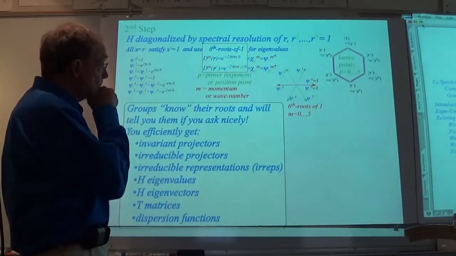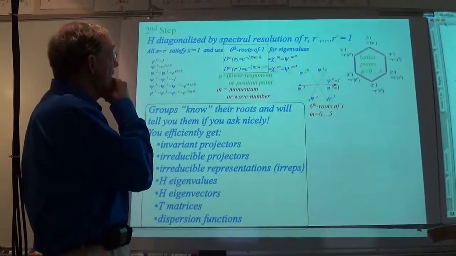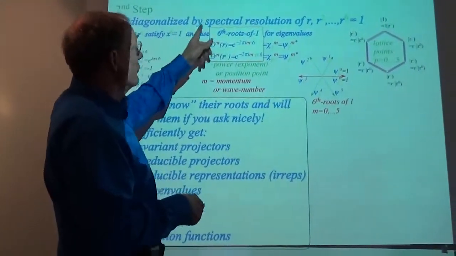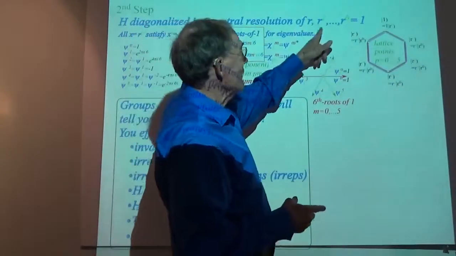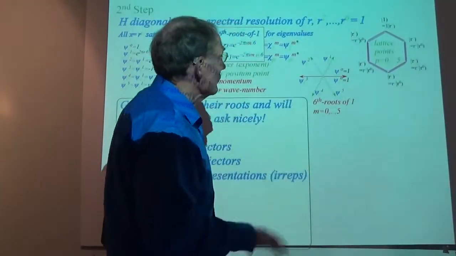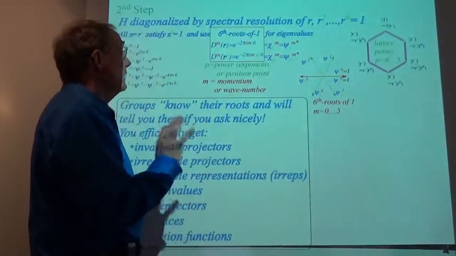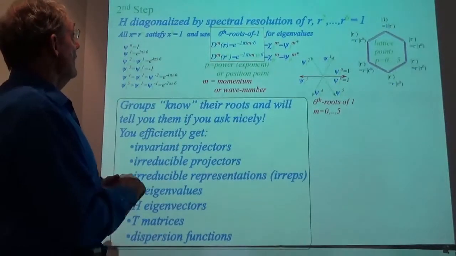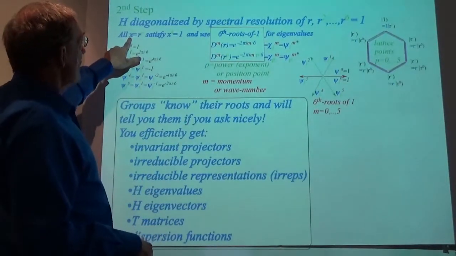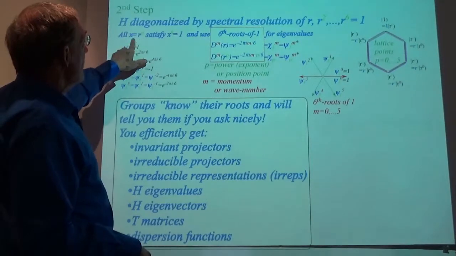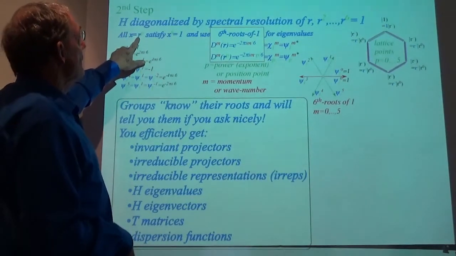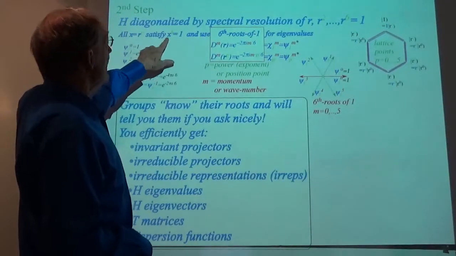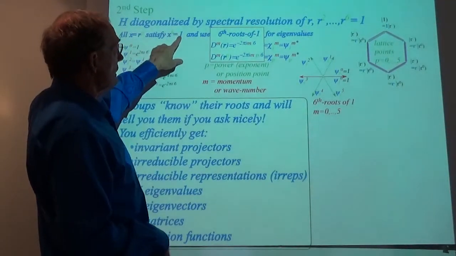Now, time to diagonalize. That means time to spectrally resolve these operators. And this can be done just like the C3 case all at once. Every one of these operators, x equal r to some power, must satisfy x to the 6th equals 1.